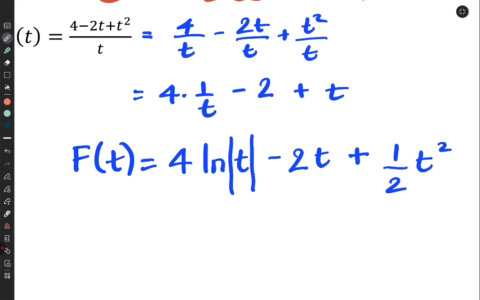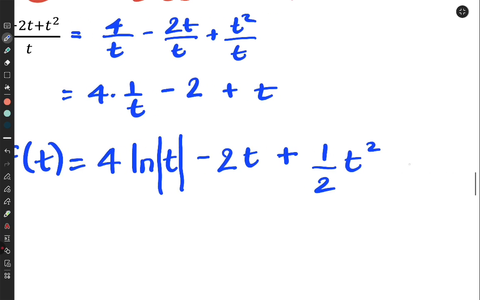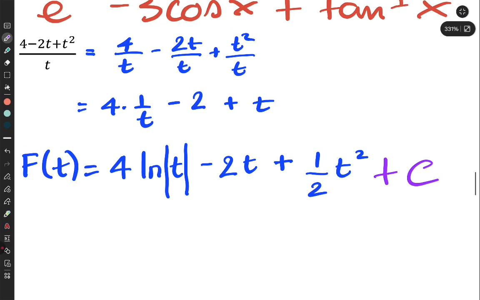There. It's never complete without the general antiderivative plus C. You are finding a family, the whole family, not just one. There you go. That's a really weird example, but somehow it worked.